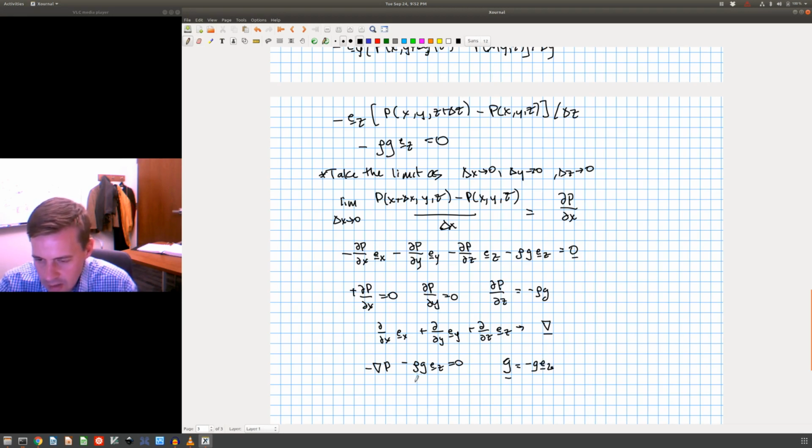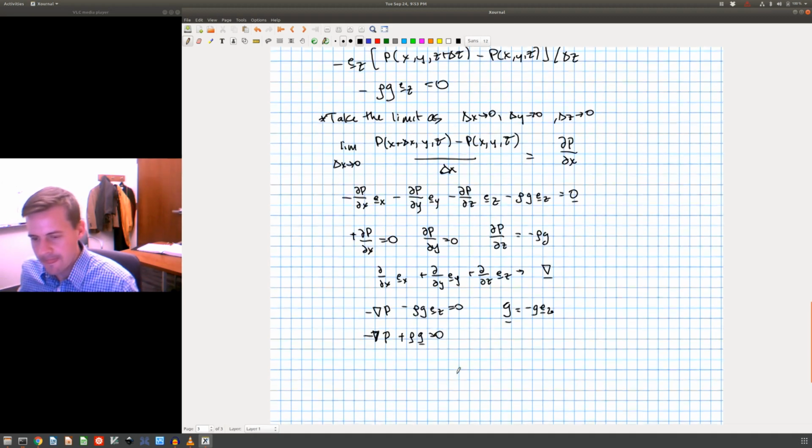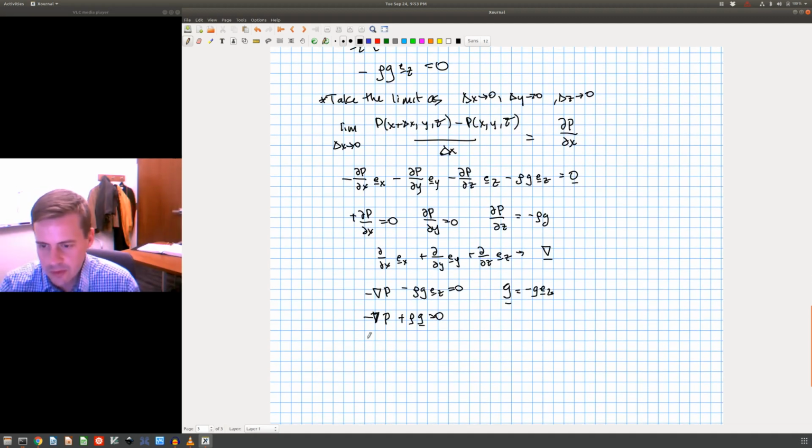So I can rewrite this as minus grad p plus ρg vector equals 0. Now that's all in vector notation, and we get to our very short form of the static pressure equation. If I rearrange, it's just grad p equals ρg. Boom. That's the static pressure equation.